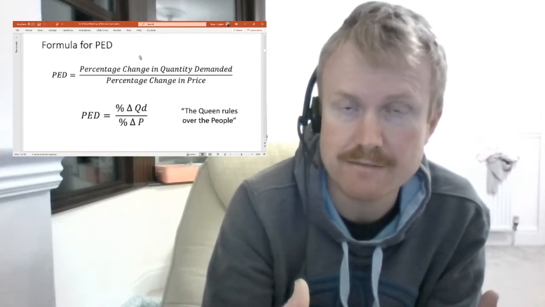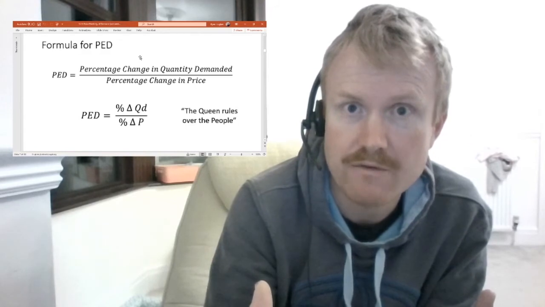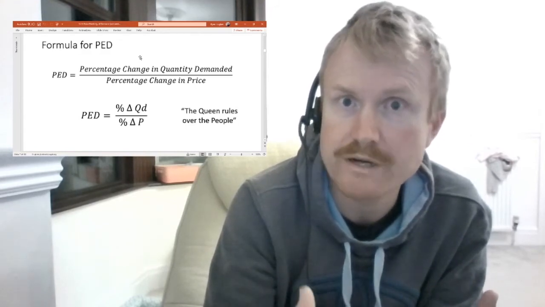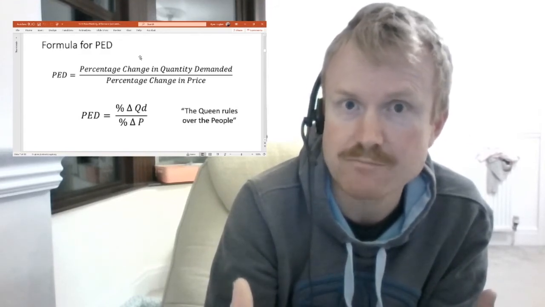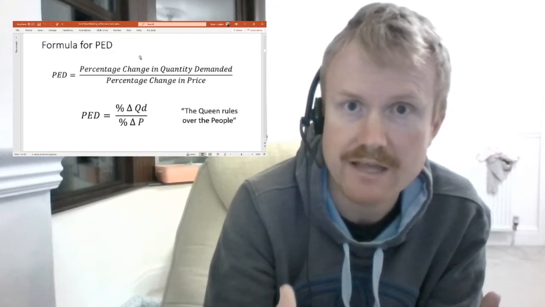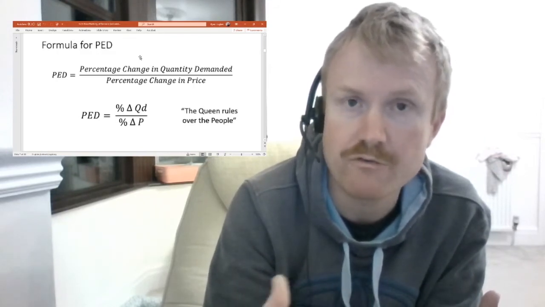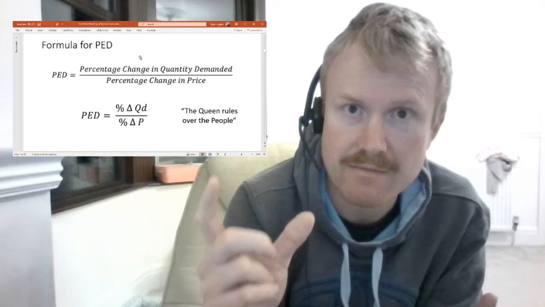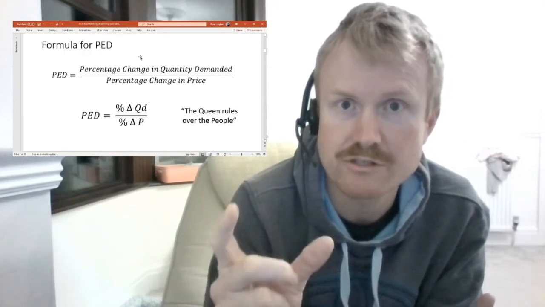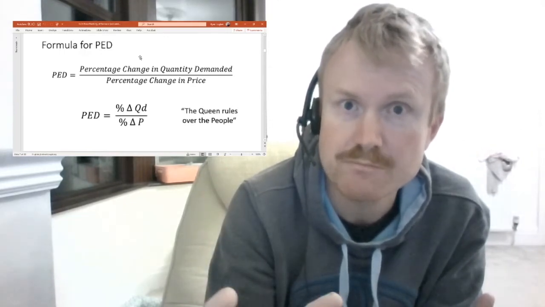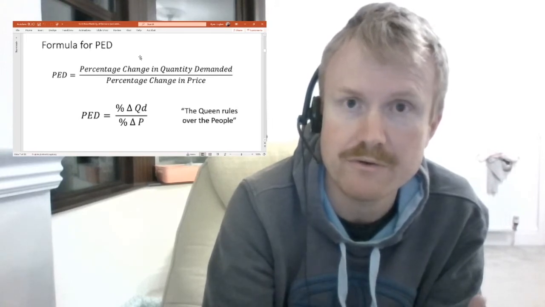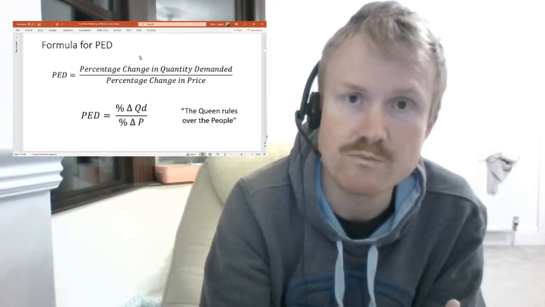But if we measured it as a percentage change, if we go from 10 to 12, that's a 20% increase. And that's proportional to the original value of 10. If we go from 100 to 102, it's still the same absolute change, but a much smaller percentage change. It's a 2% change from 100 to 102 because it's in proportion to the original number.